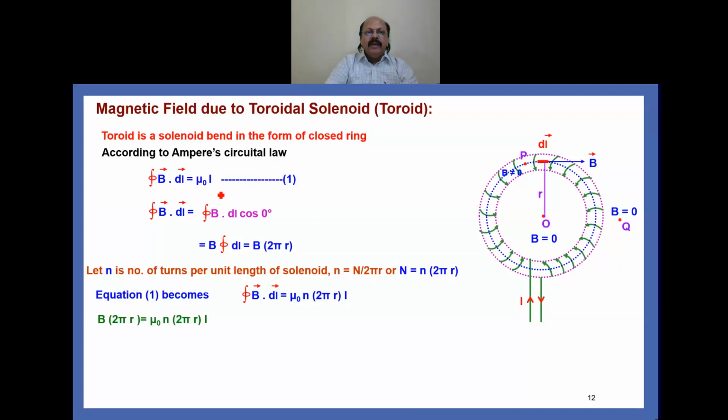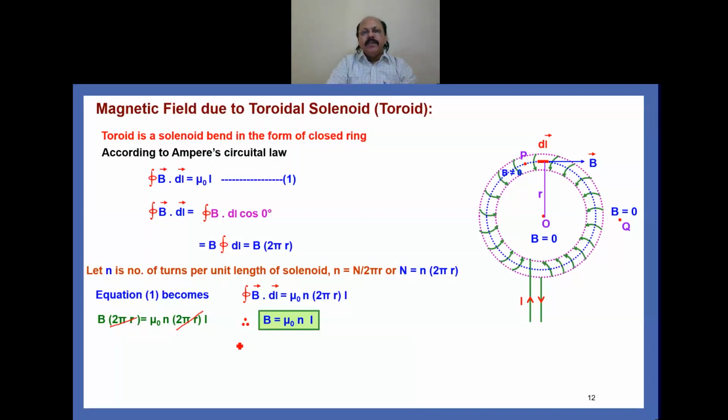Then you will get B 2 pi r equal to mu naught n 2 pi r I. So this 2 pi r and 2 pi r get cancelled. You will get only B equal to mu naught n I. Same result you are getting.